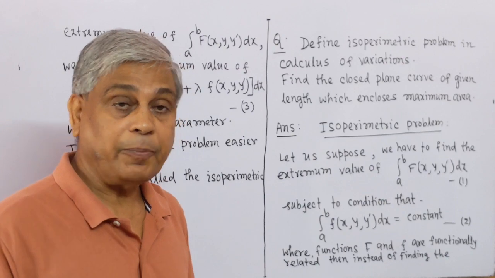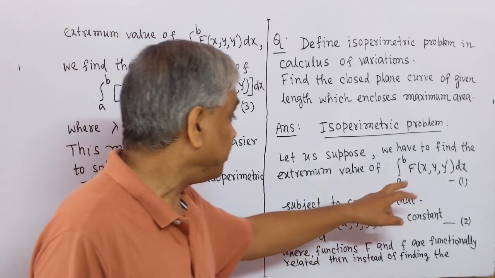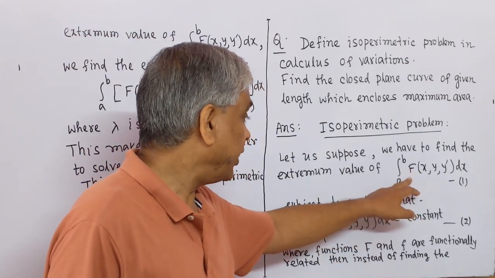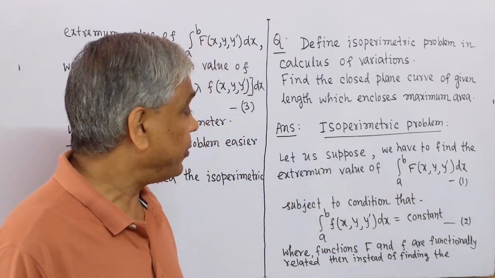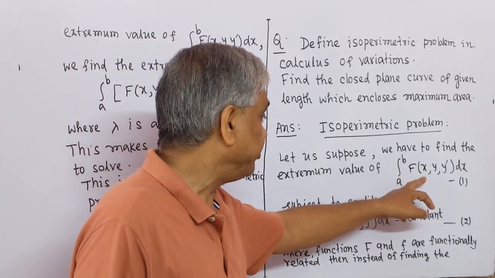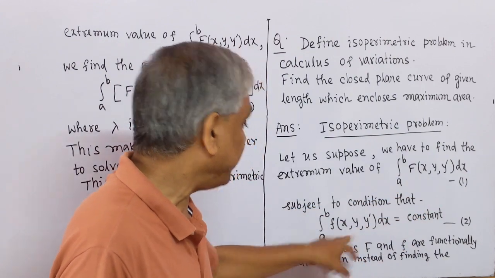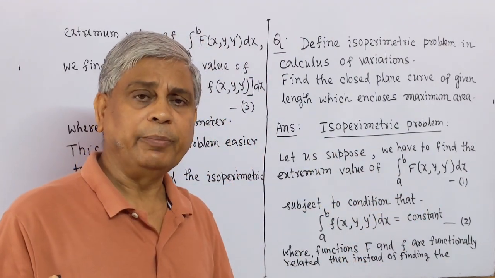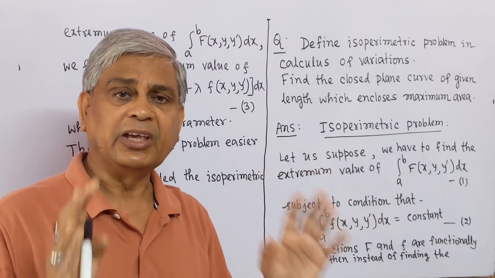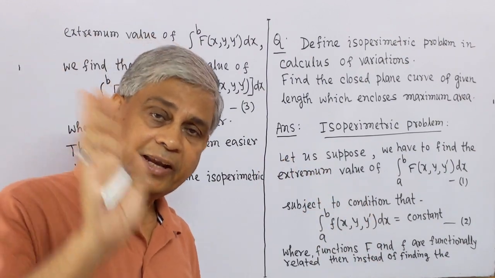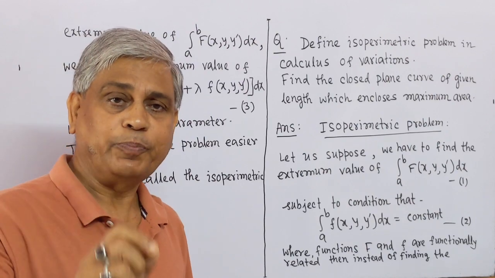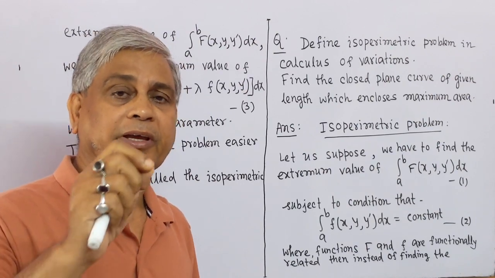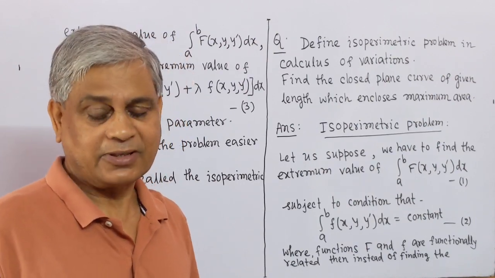Then instead of finding the extremum value of this integral, we have to find the integral of linear combination of this function and this function, and it will make the problem easier to solve. Then this concept is called isoperimetric problem in calculus of variations.